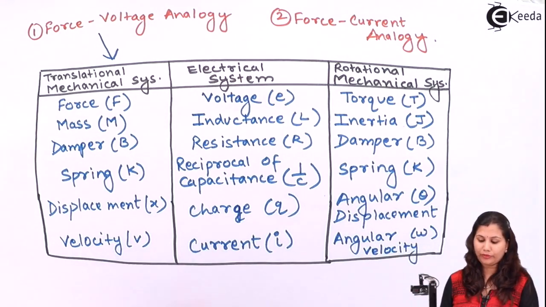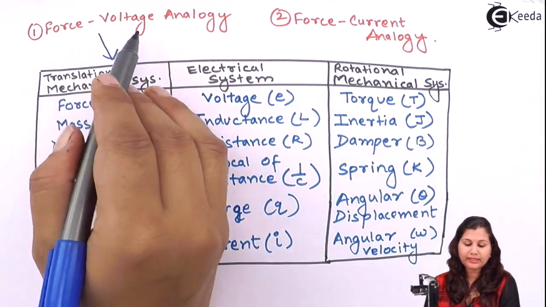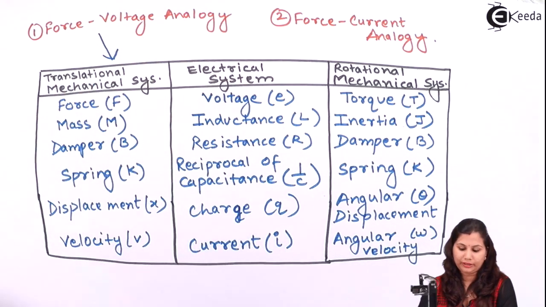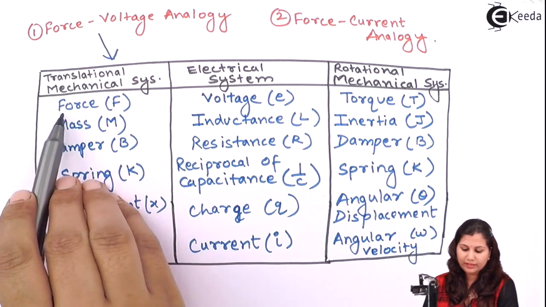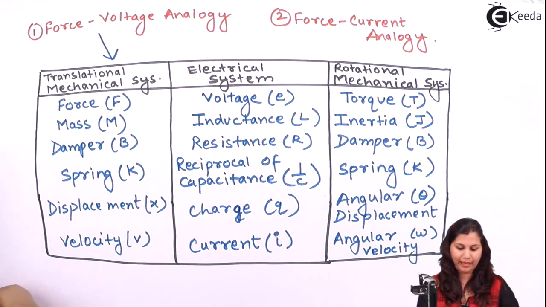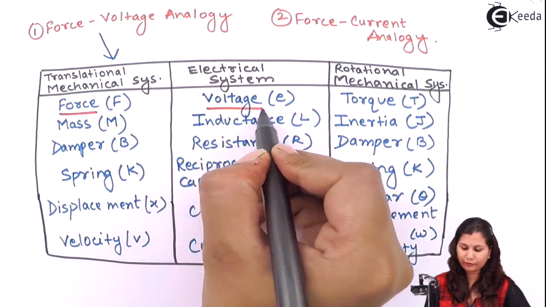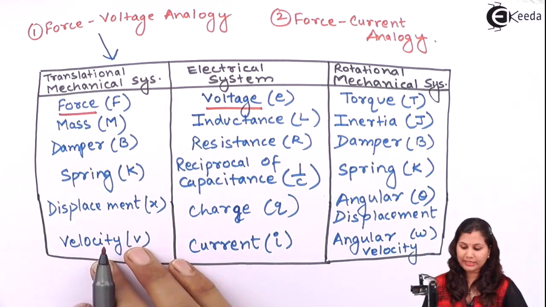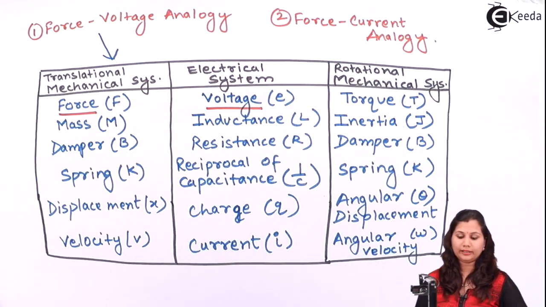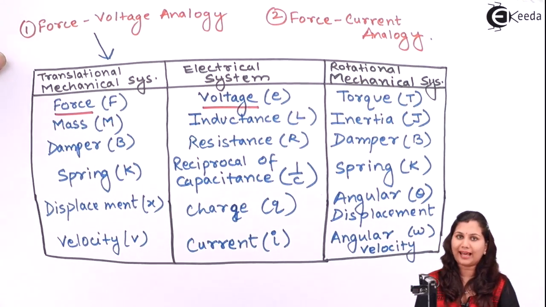So this is how we can find the analogous system using the force voltage analogy. It is called force voltage because we take force and voltage as equivalent of each other.